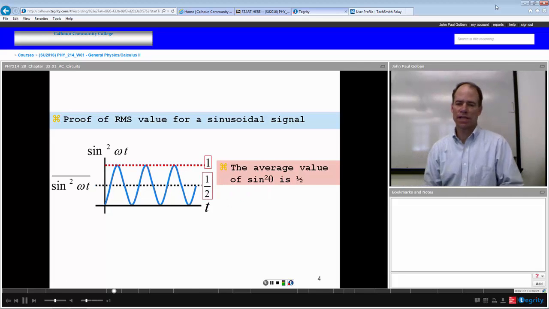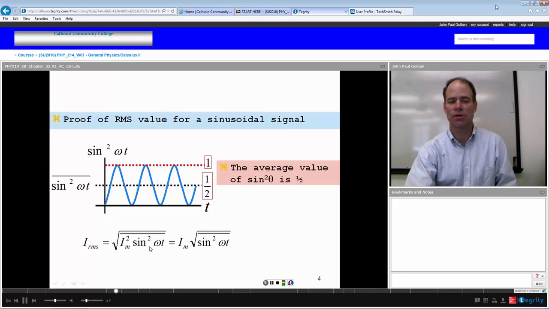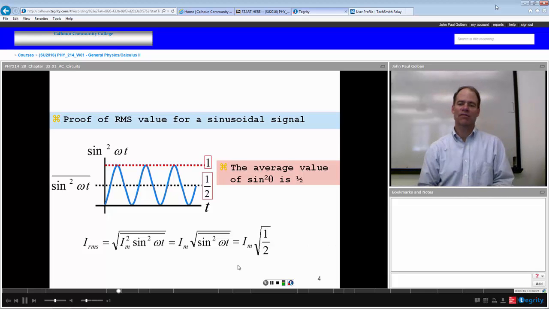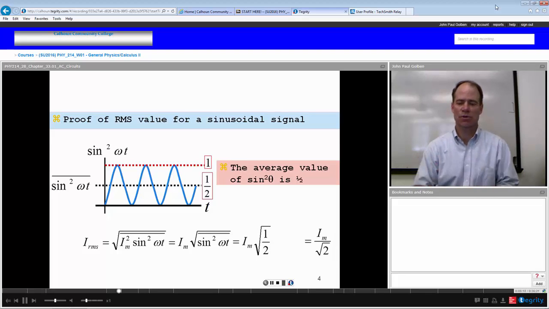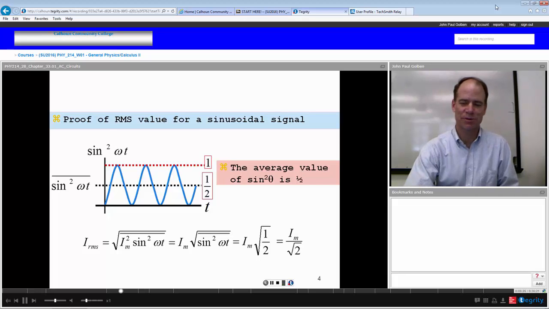And if I were to take the square root of 1/2, I would get 1 over the square root of 2. So our IRMS, which is the square root of the average value of the squared current, would be the maximum value times the square root of the average value of sine squared. But the average value of sine squared is 1/2. The square root of that is 1 over the square root of 2. So the root mean square value is the maximum value divided by the square root of 2.